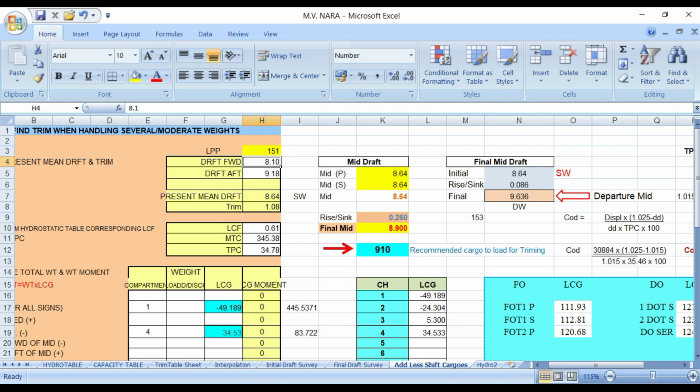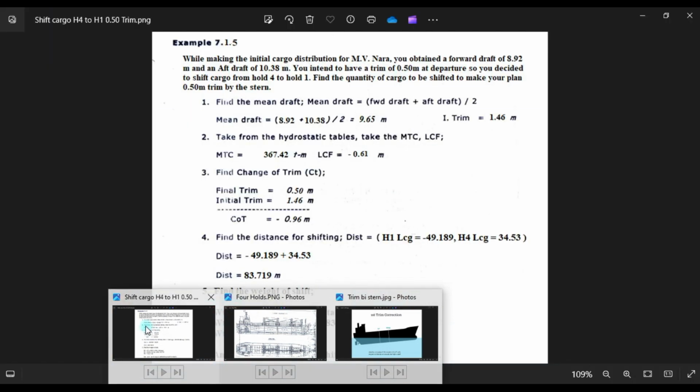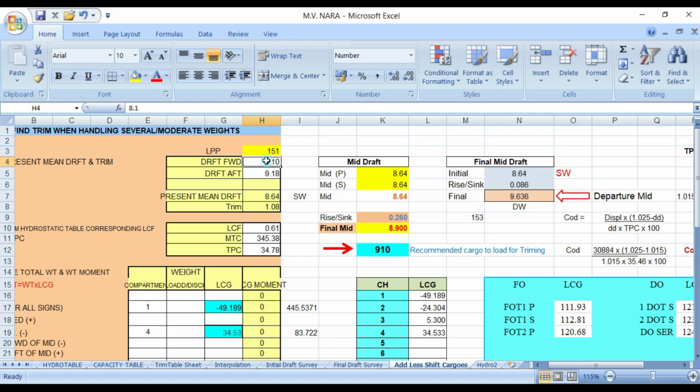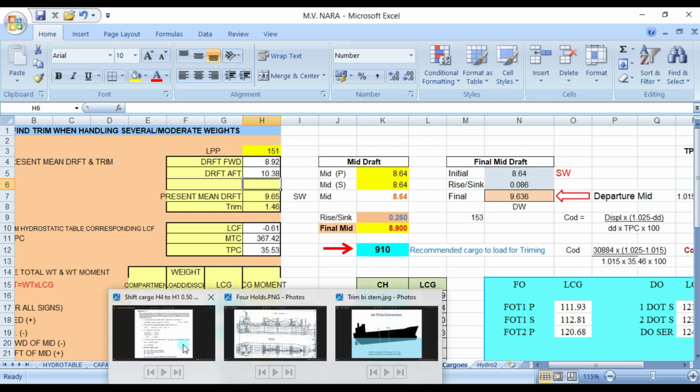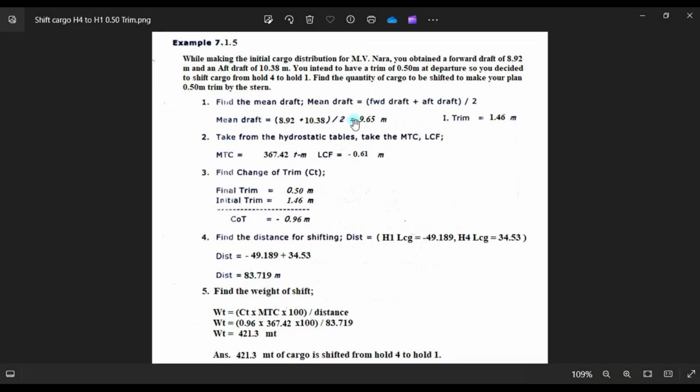Forward draft is 8.92. Okay, and aft draft is 10.38. So the mean draft will be 9.65, and the trim will be 1.46.